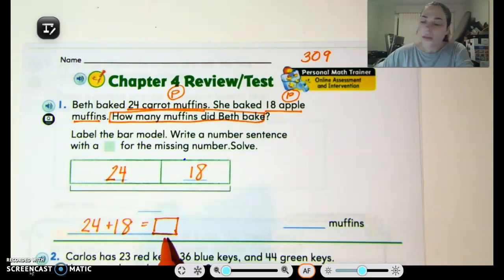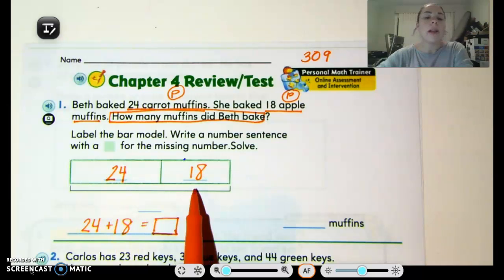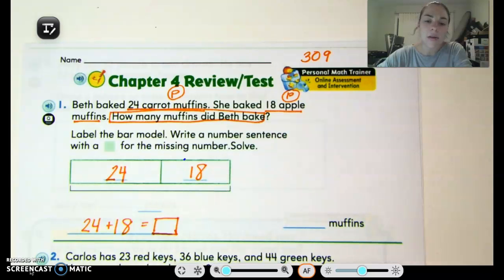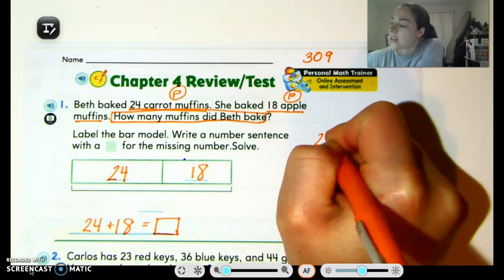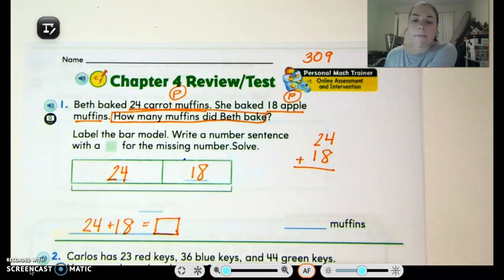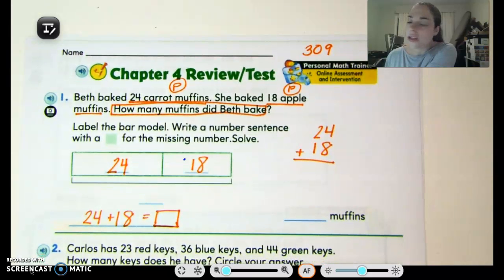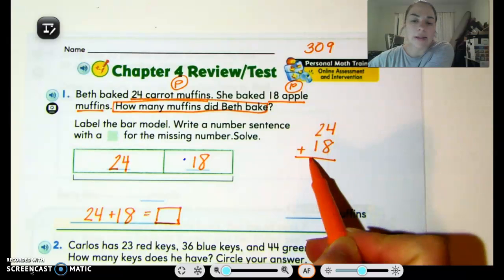So now you're going to use a strategy. I want you to add 24 plus 18. Miss Elms is going to use the vertical addition strategy. If you're using vertical addition, make sure that you line up your ones and your tens.